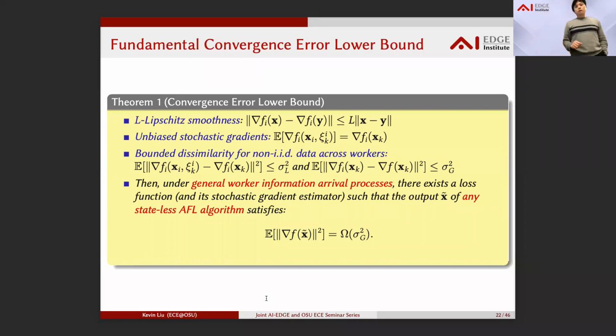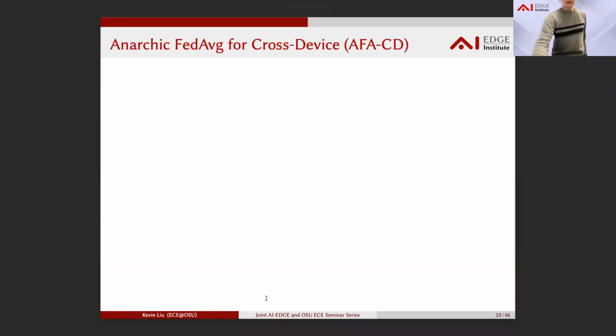So basically you cannot go to 0. There's a floor, and this floor is determined by the variance of your stochastic gradient.